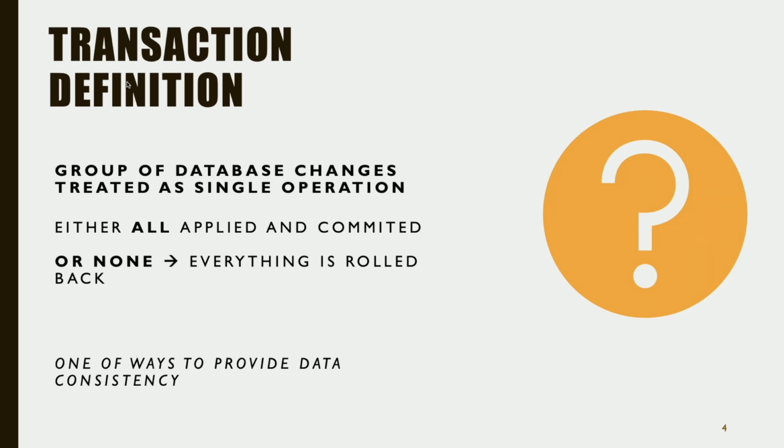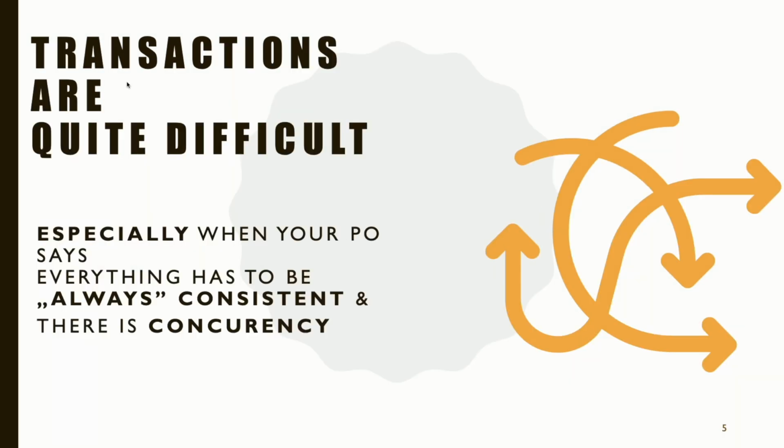So if we change, let's say, an order document and we do something with the warehouse collection, or we manipulate some other data, but the third operation fails, throwing some exception, everything should be rolled back. And if everything is okay, then everything should be applied and it should stay in the database for the read operations. That will be later. So it's one way of providing data consistency in our system, which is quite important.